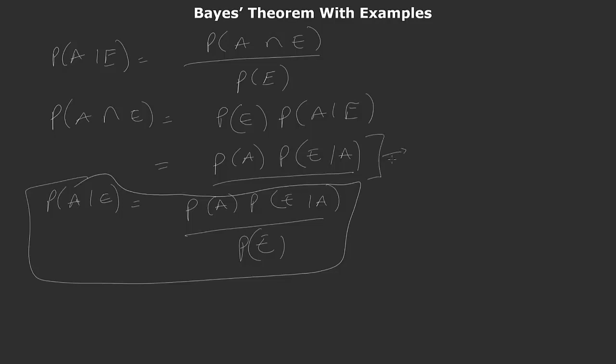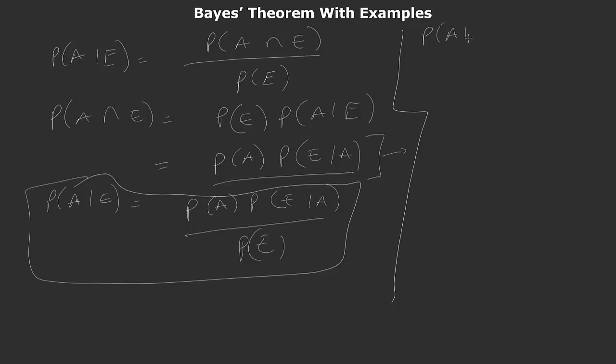So the question is, what makes this new expression better than the previous? Why is this more usable or practical in real time? The way Bayes theorem is being used in real life is as follows.